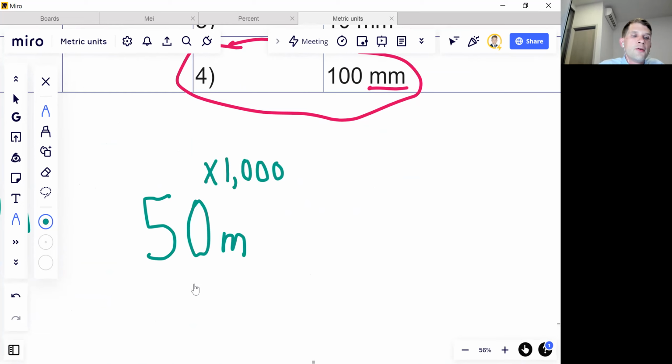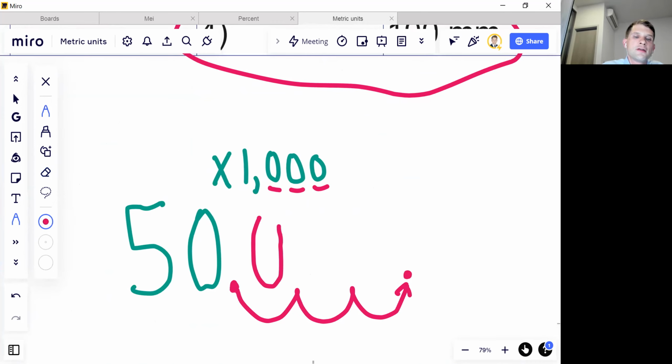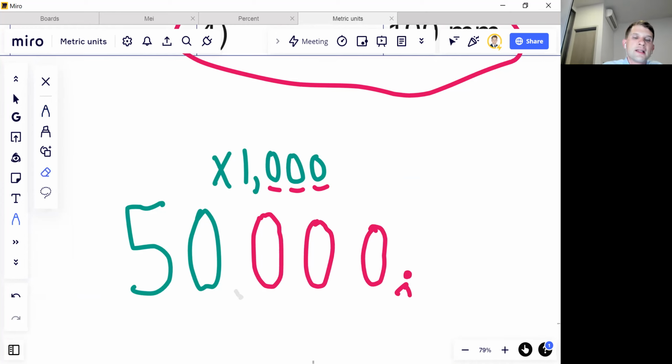Okay, so what I really do here is I'm going to erase this meters here really quickly, and I'm going to take my decimal, and I'm going to move it 3 digits to the right. So I'm going to go 1, 2, 3 digits there with my decimal. My new decimal is going to be out here, and I'm just going to draw zeros here. Okay, and this is going to be the number 50,000 now. So I'm going to write that as 50,000 there without a decimal.